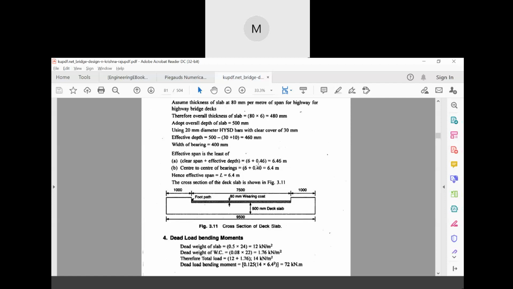Now after that, using 20 mm diameter HYSD bars with clear cover of 30 mm, effective depth. Now you all remember, I think, from DOS class, if it is a beam in design, how will you consider the effective depth?